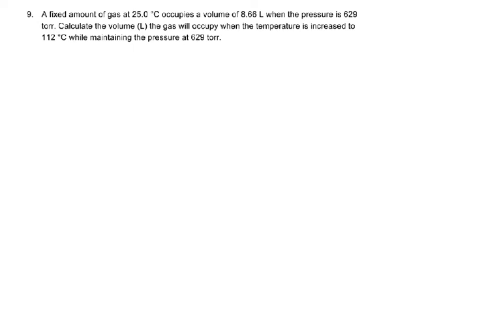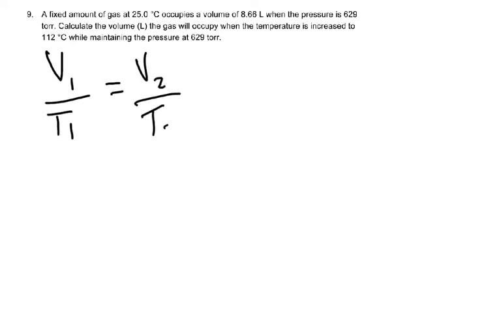So if we think about those simple gas laws, we have a formula that relates volume and temperature under two sets of conditions. It's V1 over T1 is equal to V2 over T2. Now remember though that we only said that this was valid for Kelvin and not degrees Celsius.